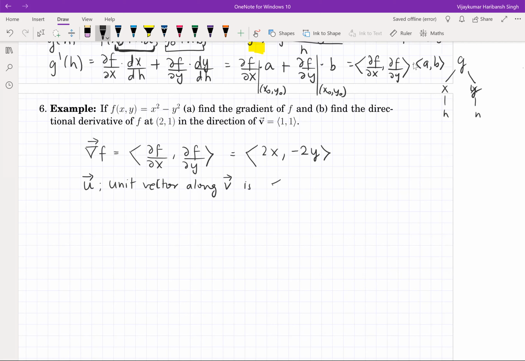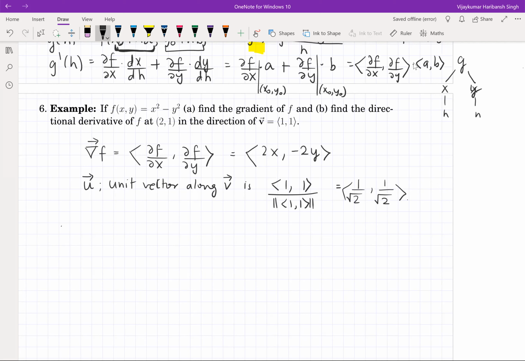Take the vector 1, 1, and divide by its length. Now the length of vector 1, 1 is the square root of 1 squared plus 1 squared, which is square root of 2. So it's going to be 1 by square root of 2, 1 by square root of 2.